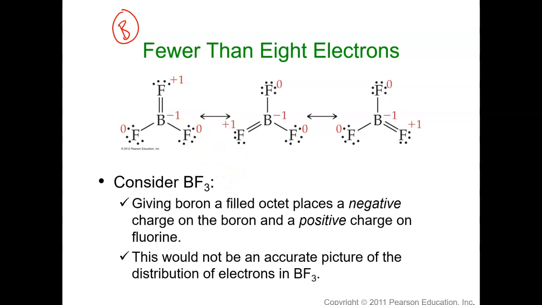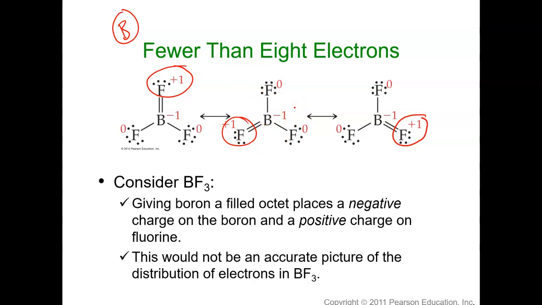So if we give boron 4 valence electrons, like in these structures, we end up with a negative charge on the boron and a positive charge on the fluorine. You see how this is a positive formal charge on the fluorine.